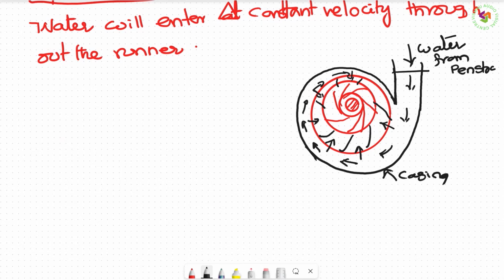Thereby, the moment area is reduced and the same discharge is flowing, velocity has to increase. So that's why, if you see from here to here slowly, at any point the velocity remains constant. If you don't do like this, what will happen? Velocity goes on decreasing. That is why the cross section is of spiral shape. This is very, very important.